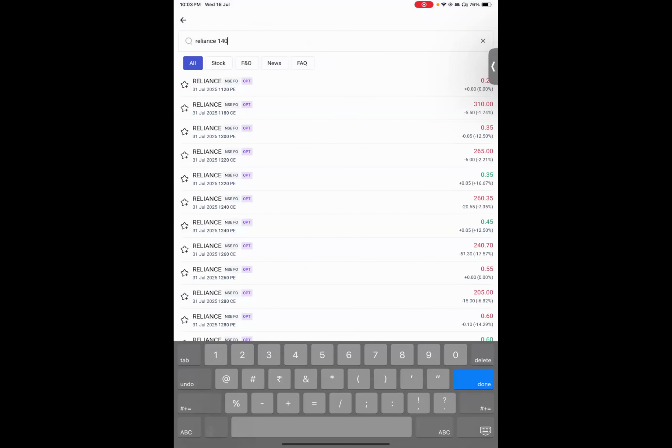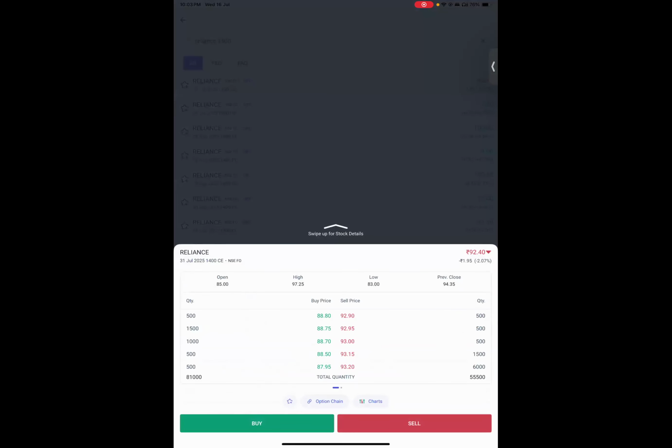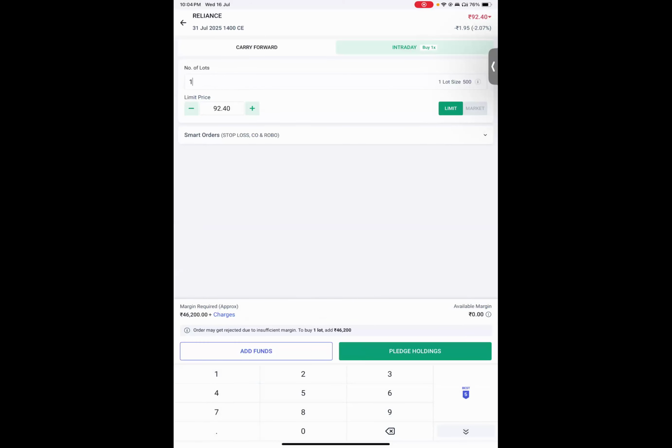Whenever you trade in a derivative, it always comes with a lot size. There's a minimum lot size. If I'm tapping on buy, how much capital do I need to buy this contract? I need 46,200 plus charges. And till what date can I keep this contract in my portfolio? On top, there's a date written over there, 31st July.